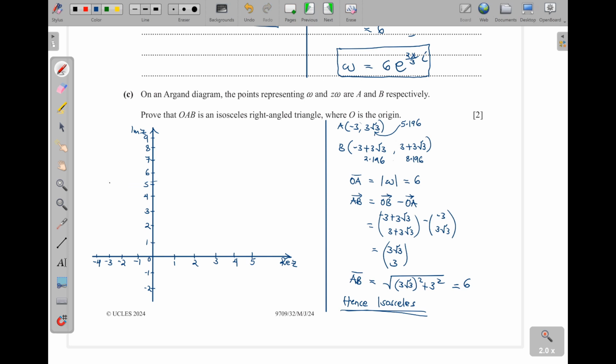I will have this one as point A, which is representing the omega. Then point B representing Z omega, 2.196 and 8.196. This may be around here, beyond 2, and then 8.196. So if this is my 2 going here, I'll just put it somewhere there.